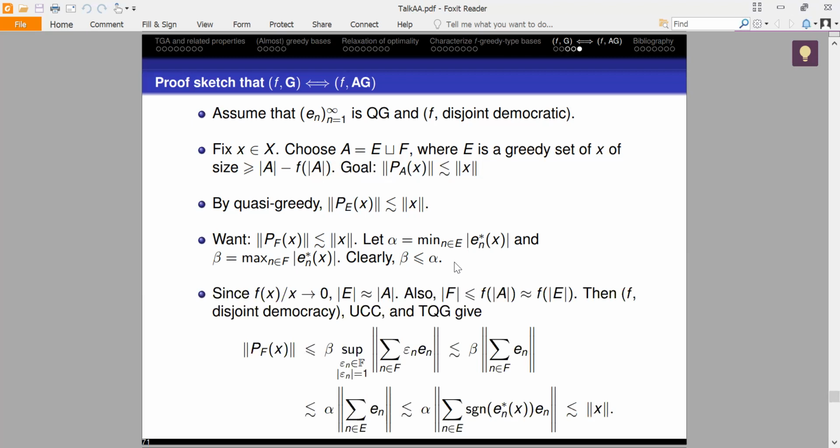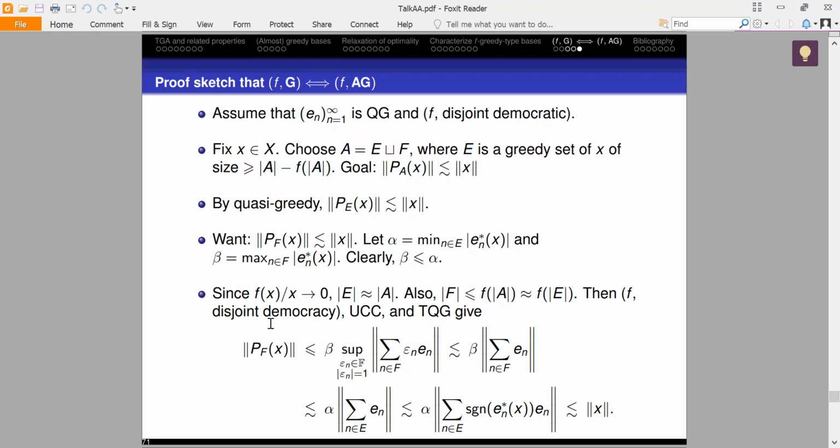Okay, so let me explain this calculation here. Because we assume that f(x)/x is going to 0, then we can assume that the size of E is about the size of A, right? Because you know that the size of E is at least |A| minus f(|A|).